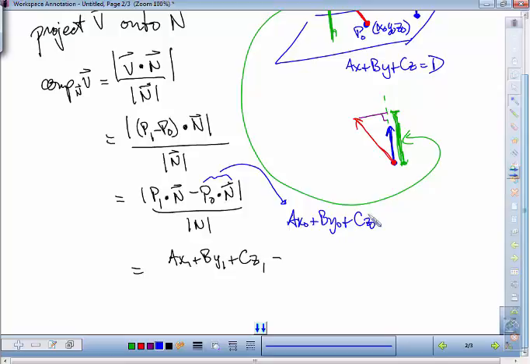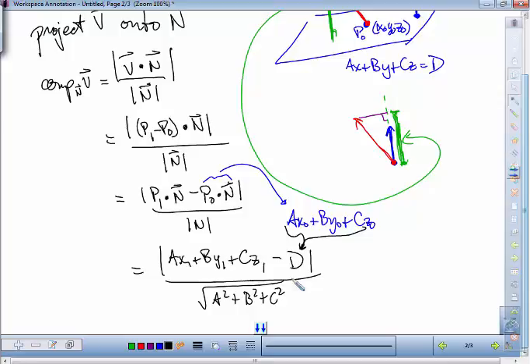But at some point, when we first started talking about the planes, we called that D. That's actually D. And then the magnitude of n is just A squared plus B squared plus C squared, all under the square root. And so this is your formula for the distance between a point and a plane.